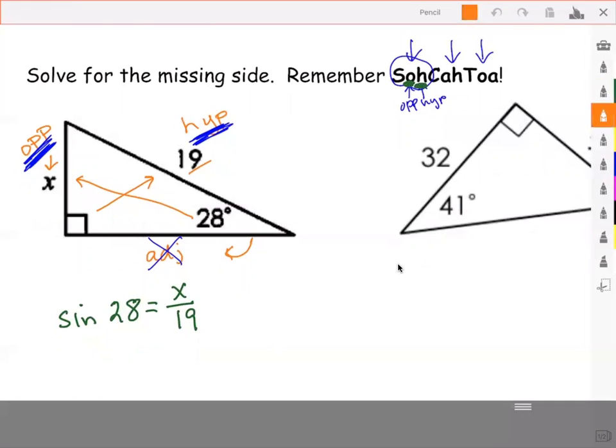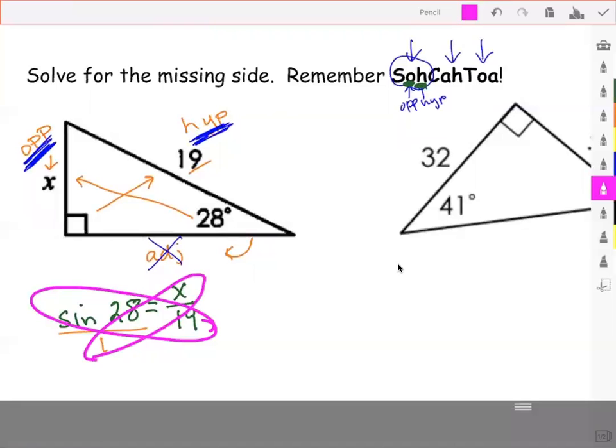We have set up a proportion here. Sine of 28, I can put it over 1 to make it a fraction, equals x over 19. Now we're just going to solve this proportion, which you guys did. I bet you did 100 of these before Christmas where we solved proportions. You're just going to cross multiply. So let's multiply across. I'm going to do this way first.